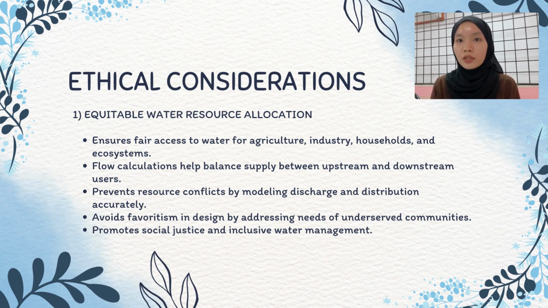For example, flow routing in non-uniform conditions must account for downstream users who rely on consistent water supply. Over- or under-designing a channel can unintentionally favor certain groups, leading to resource conflicts or deprivation. Integrating equitable allocation into the design process promotes social justice by ensuring all communities, especially those historically underserved, have access to the water resources they need to thrive.